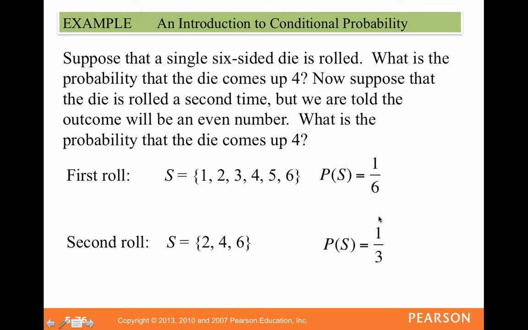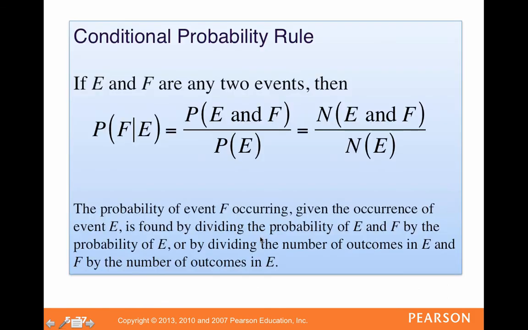These probabilities are different. Knowing the number is even, rolling a 4 is clearly dependent upon that fact. The probability has changed. These are dependent.